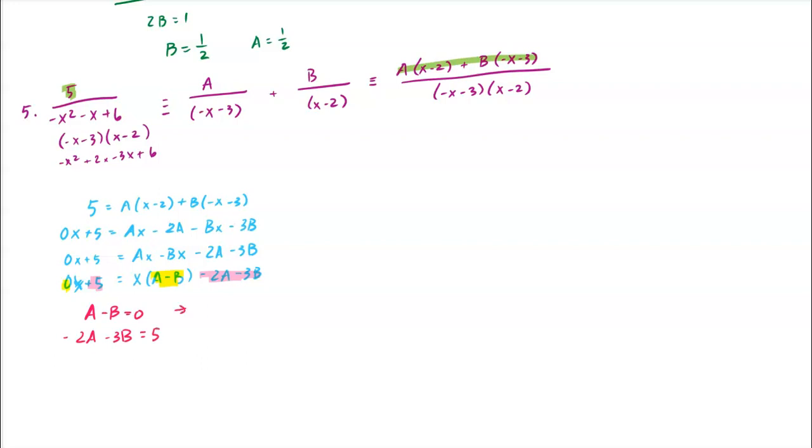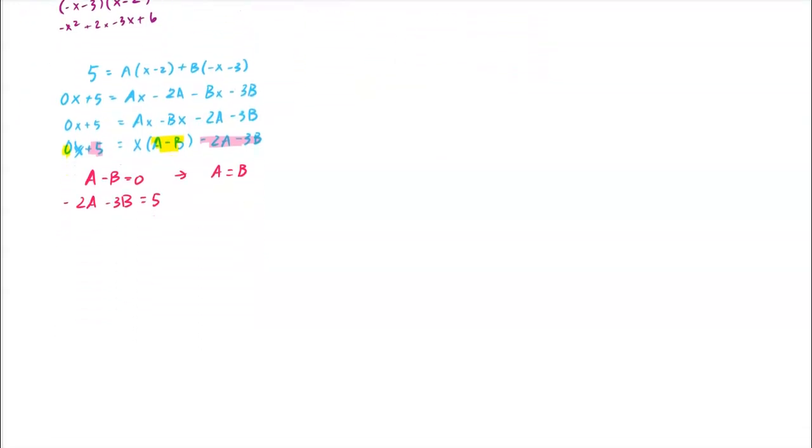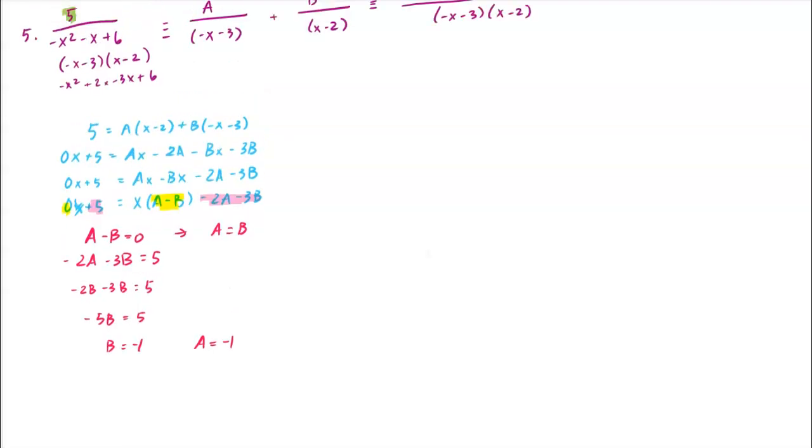We'll go ahead and set a equal to b, right? And then go ahead and substitute that for 5. And b equals negative 1. So therefore, a equals negative 1.